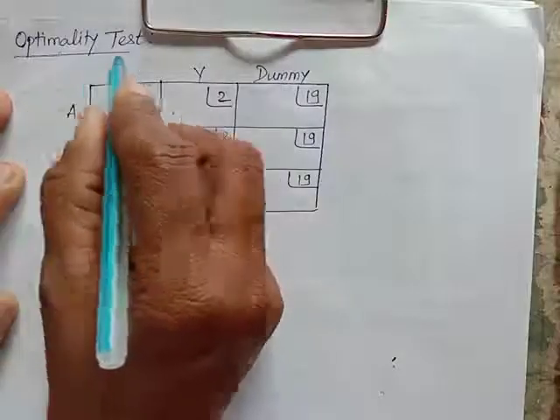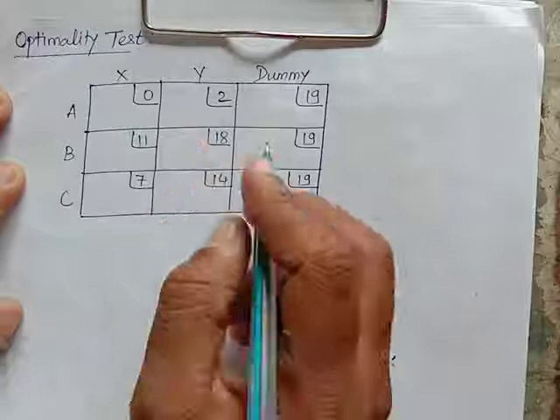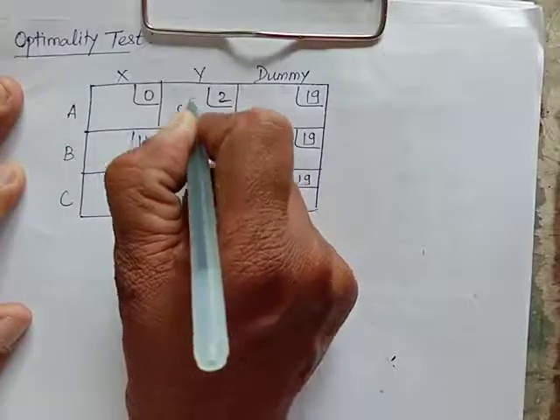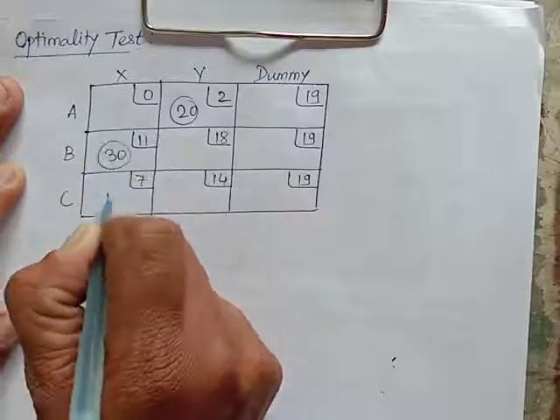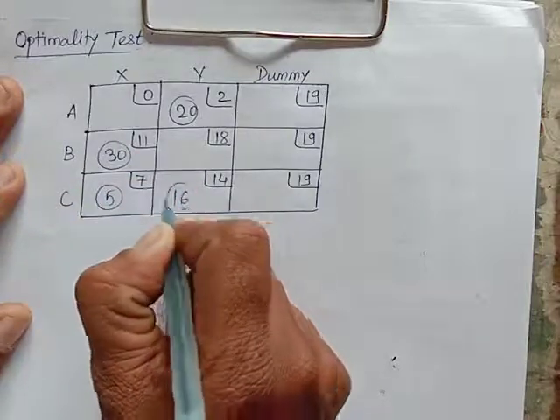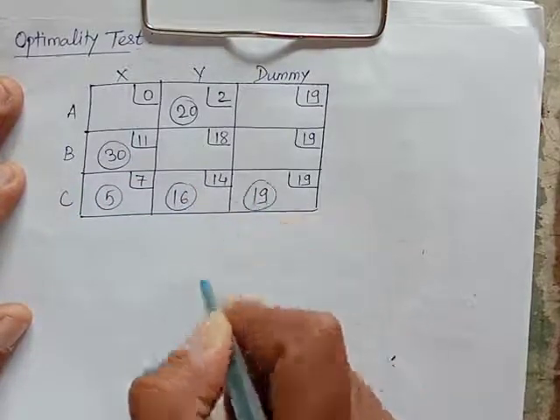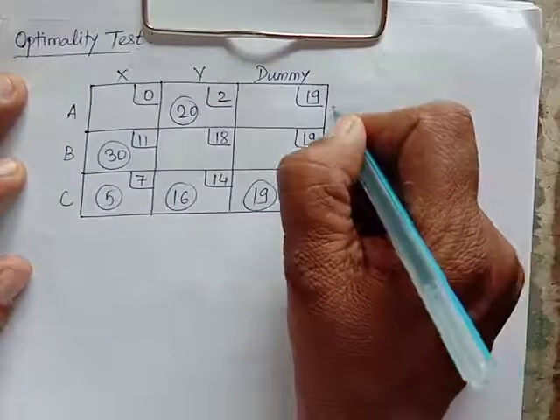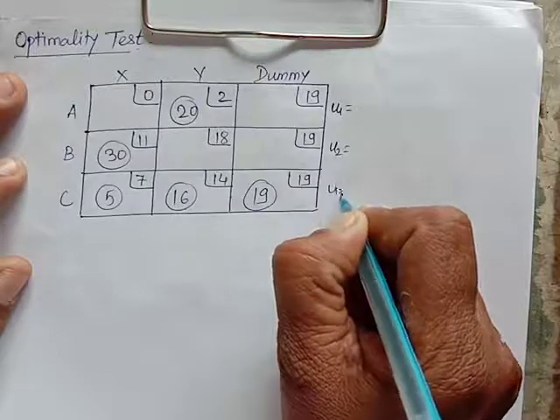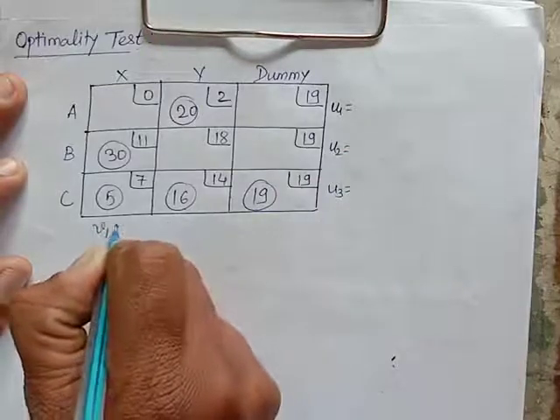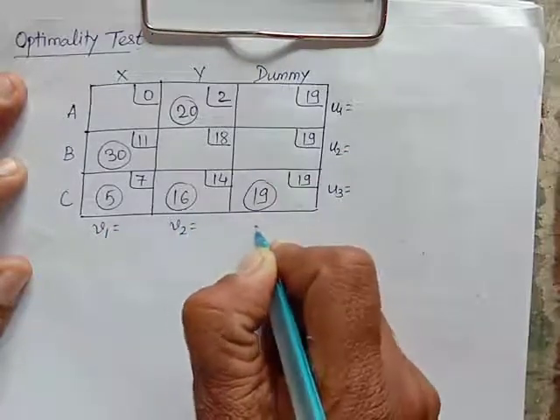So for the optimality test, I have prepared a table here. Here we have the allocations 20, 30, 5, 16 and 19. Now first of all we have to determine ui and vj: u3, v1, v2, v3.